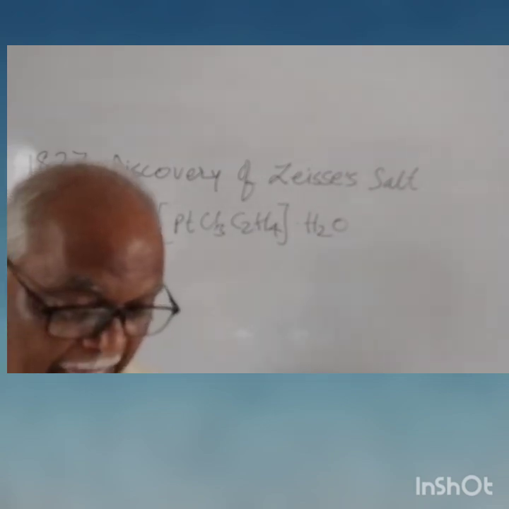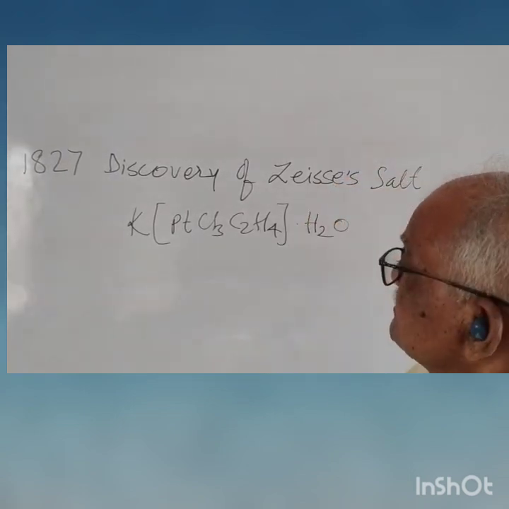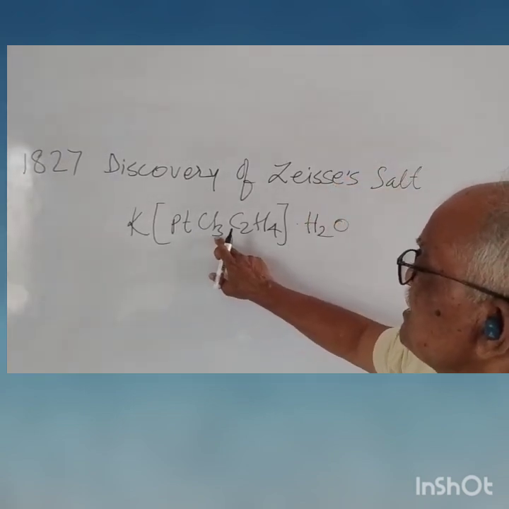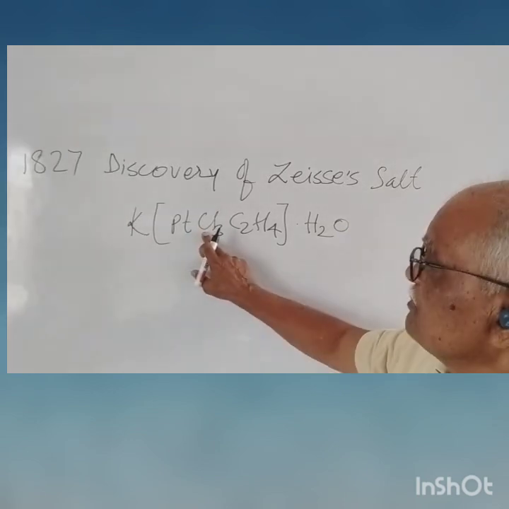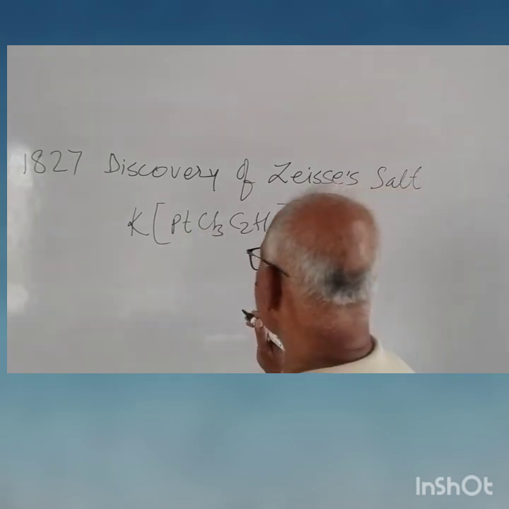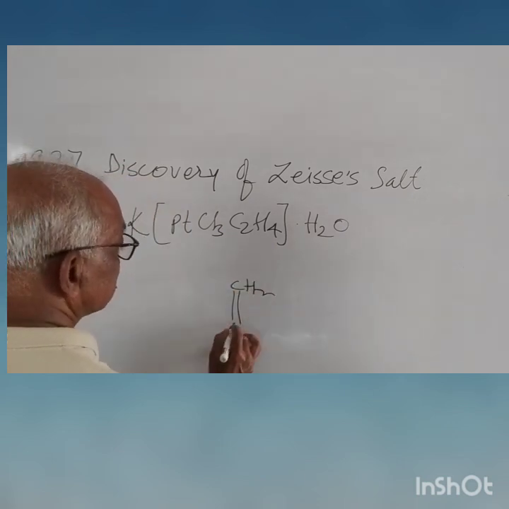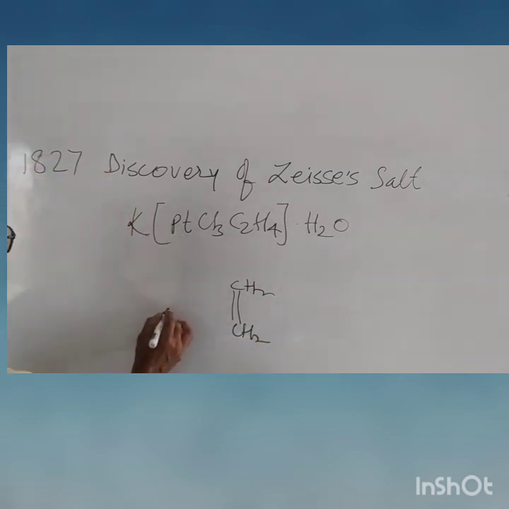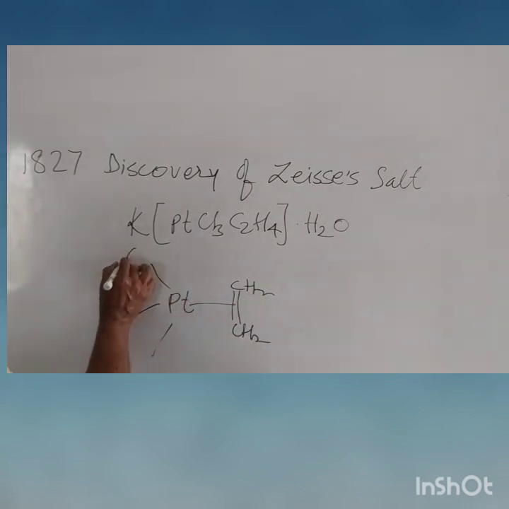Here it is important that this platinum is bonded to 3 chlorines. There is no carbon directly here, but the platinum is attached to this C2H4, that is a double bond, CH2=CH2. So the platinum is bonded to this double bond, and there are these 3 chlorines like this.